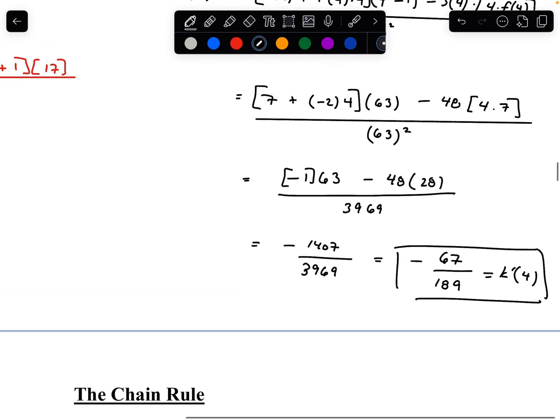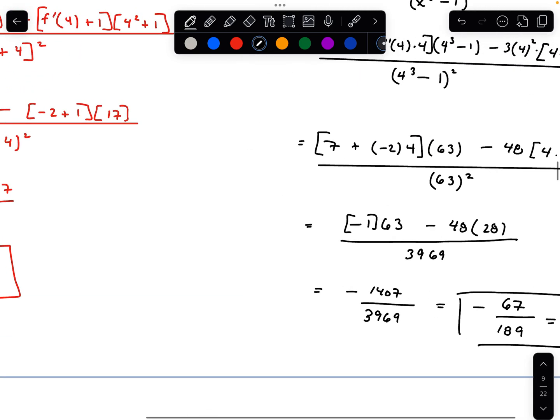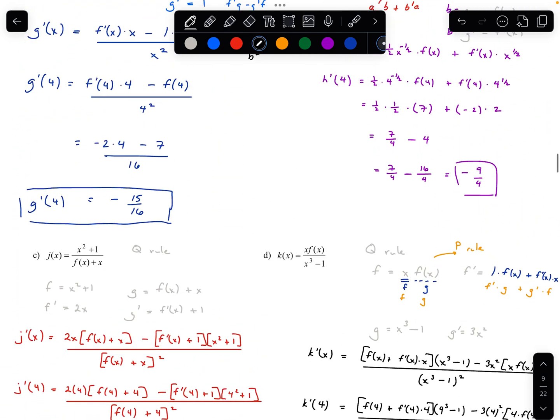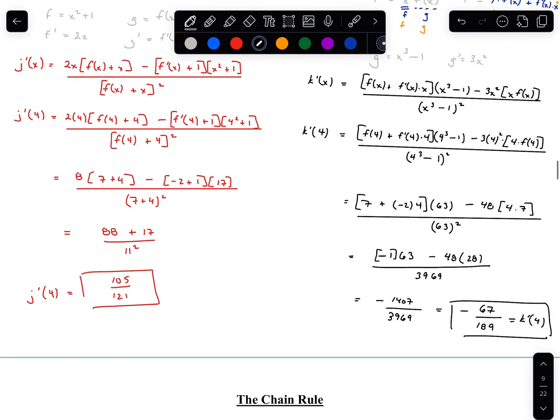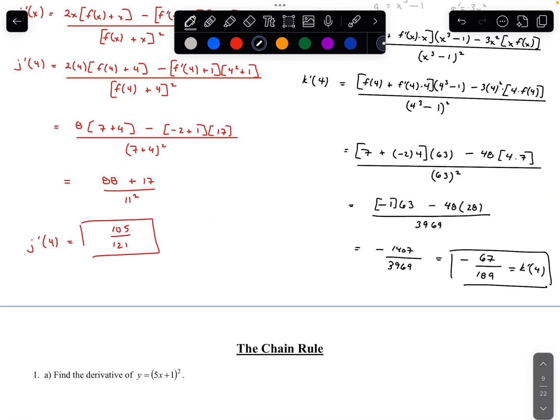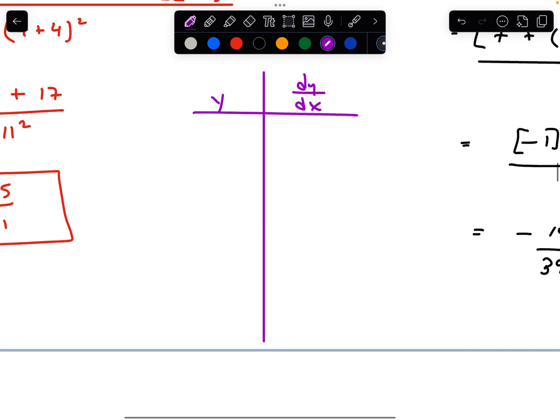Okay. So I did the trickiest one with you. The other ones are solved for you on Schoology. Have a look. Make sure everything makes sense to you. And now you know 3 rules. You know the power rule says the derivative of x to the power n is nx to the n minus 1.